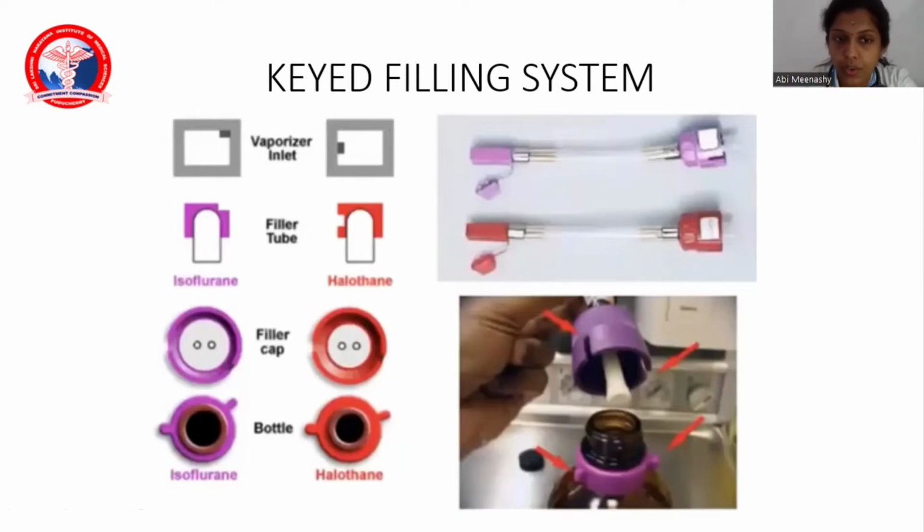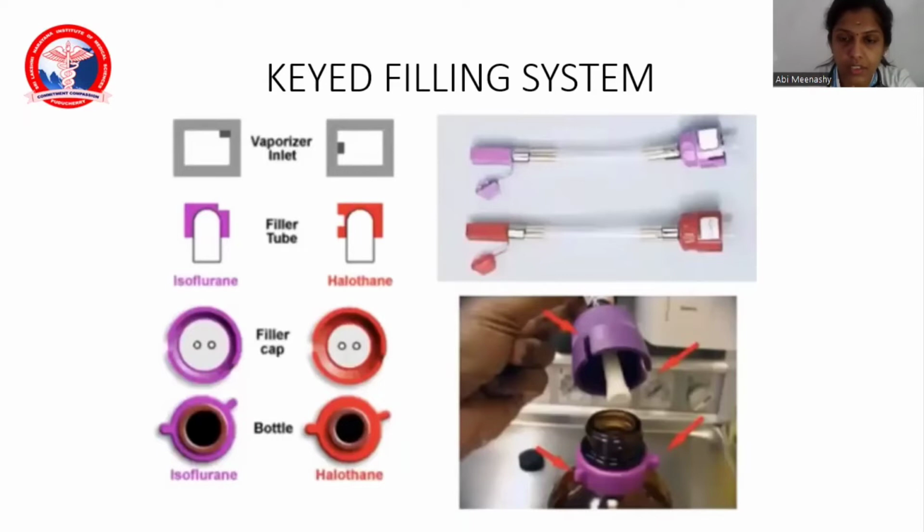Your filler tubes will not match with your bottles if it's of a different agent. The projection should match with the deficit in the cap. So that is again a safety feature. And your key has a deficit that should be fitted in the vaporizing inlet. You cannot fix a halothane filler into an isoflurane vaporizer.